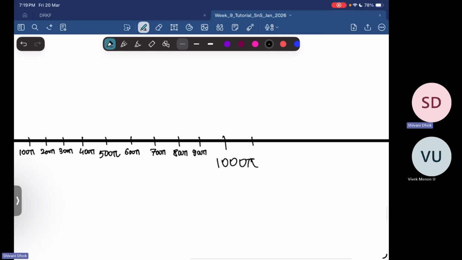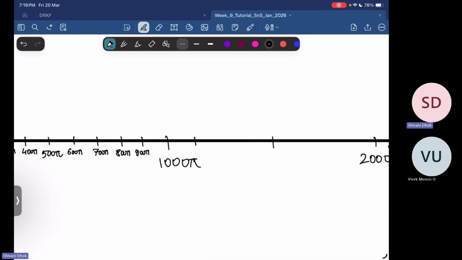Then we have here 1, 2, 3, 4. This is 1100 pi, 1200 pi, 1300, 1400, 1500 pi, 1600, 1700, 1800 pi, and 1900 pi.